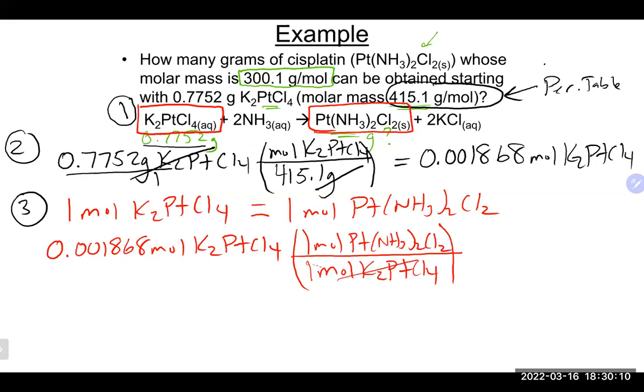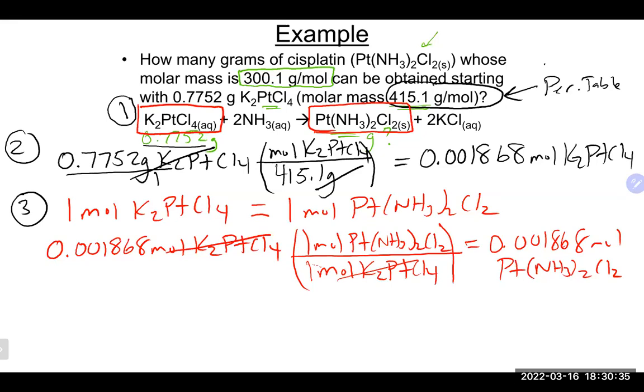Those guys are then going to cancel. I think I could do this math here. This is going to be 0.001868 moles of our Pt(NH3)2Cl2. Any questions up to that point? Again, it happens to be a 1-to-1 relationship, which makes the math pretty easy.